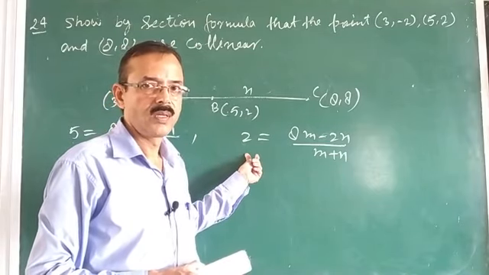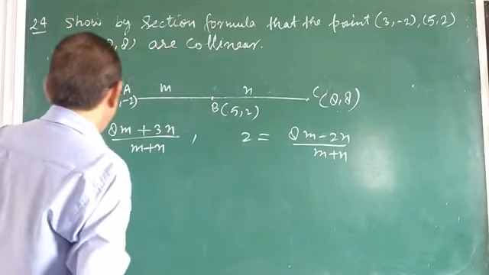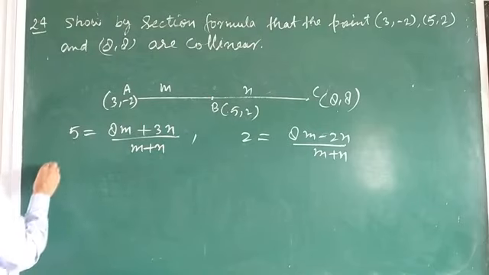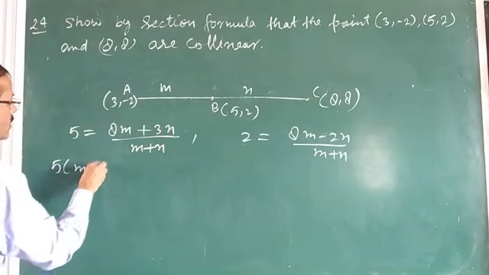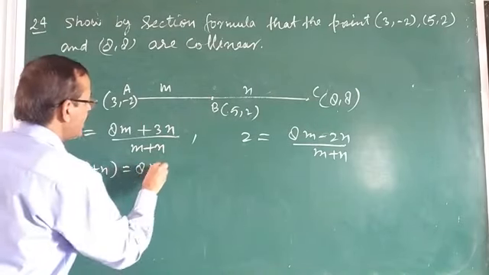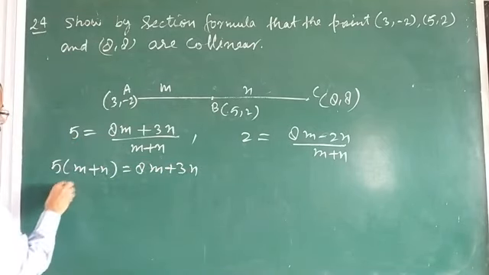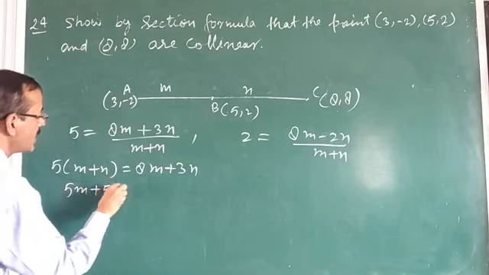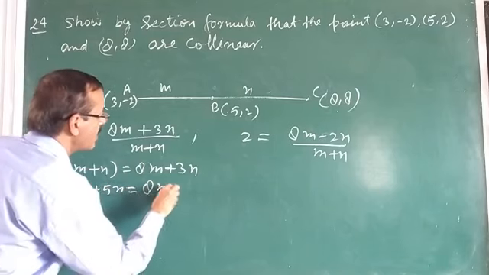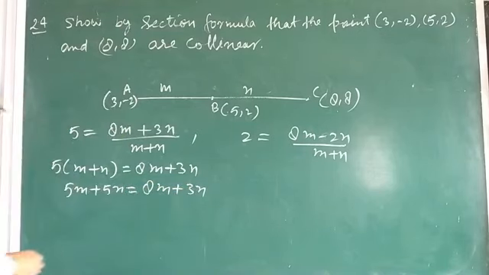So here cross multiply: 5 into (m plus n) is equal to 8m plus 3n. Open the bracket: 5m plus 5n is equal to 8m plus 3n.